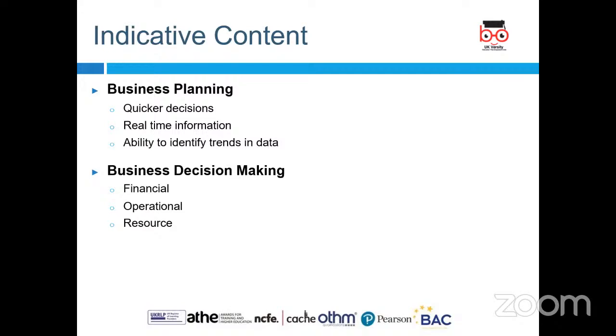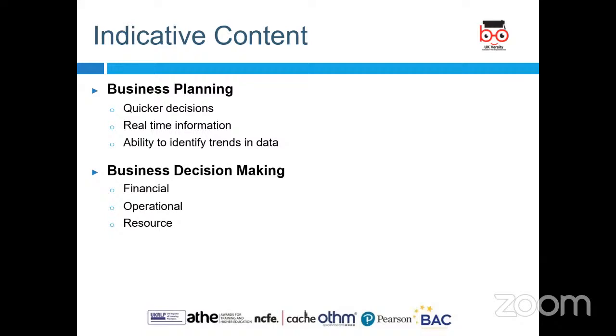We also need to take into consideration the business planning. Depending on the nature of the business and on how the assigned people are going to be working, they have to take into consideration real-time information, the time frame for quick decisions, and also the ability to identify trends in data.